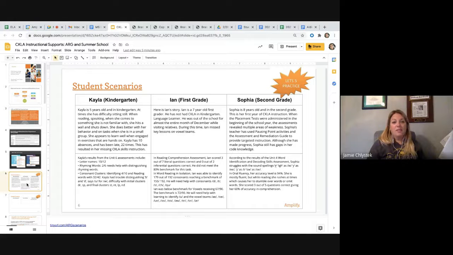So the scope and sequence, especially that K-2, where we're laying the foundation of code knowledge, will also impact your 3rd, 4th, and 5th grade students and teachers ultimately when they're trying to figure out how to navigate, or when to navigate backwards, when to stay within grade level, and when to remediate even further. That will be really important.